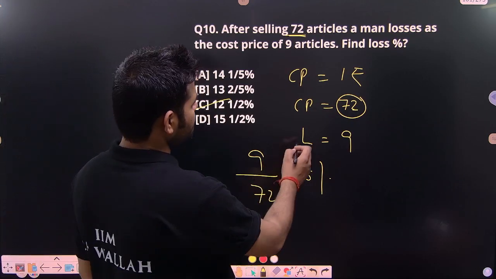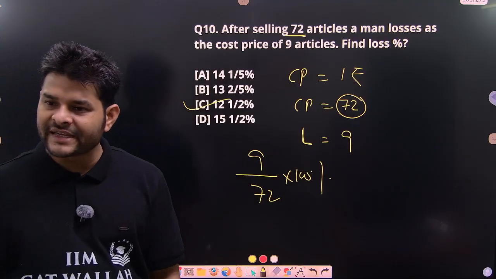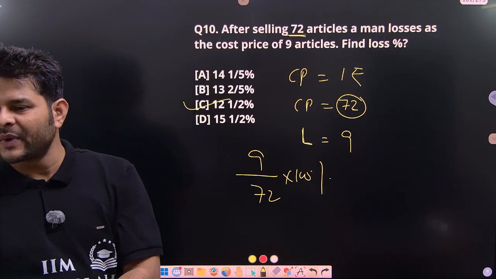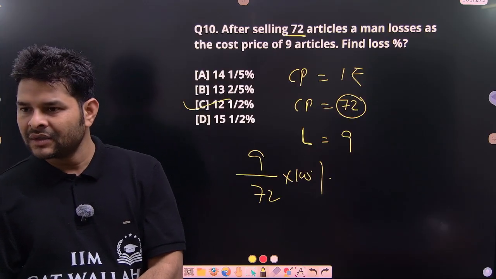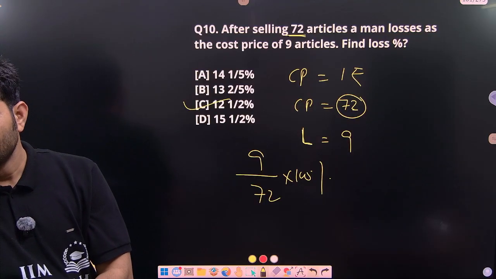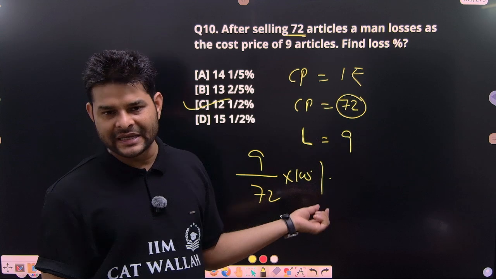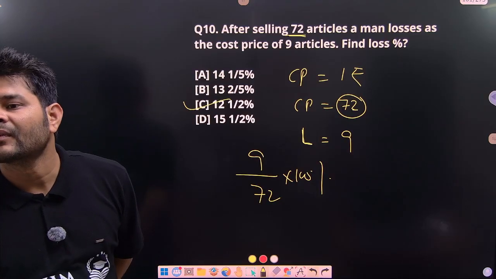One article cost price is rupees 1, 9 articles cost price would be 9, so loss is rupees 9. Loss and profit are always calculated on CP. We have been given CP and 9 is the loss, so you can directly find the profit or loss percent.